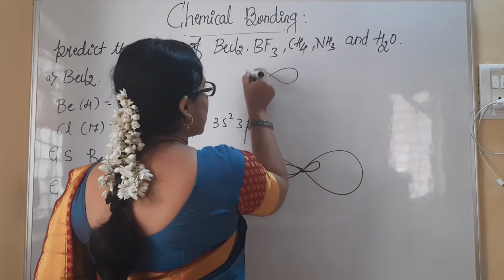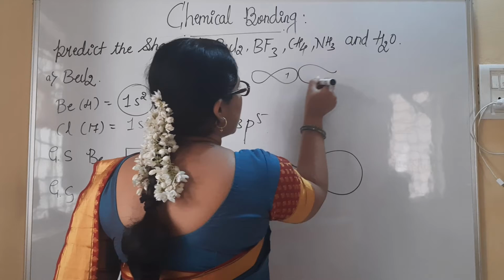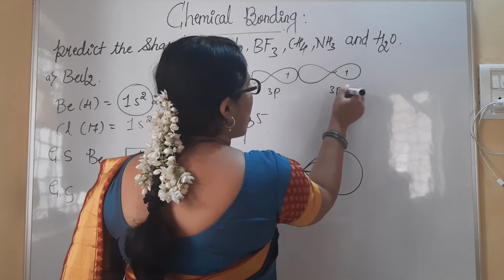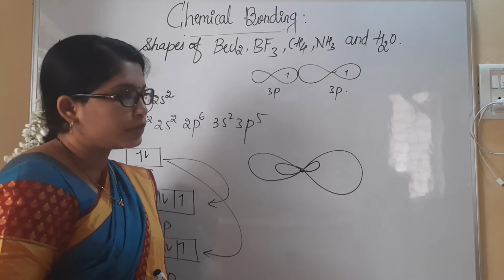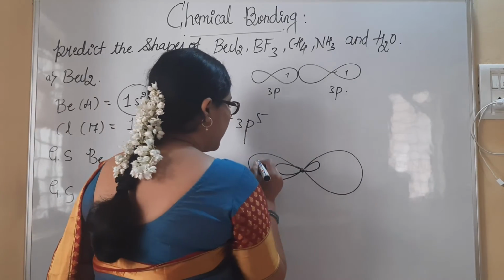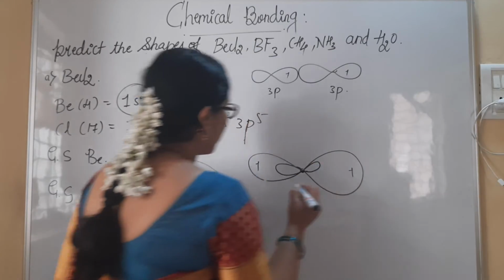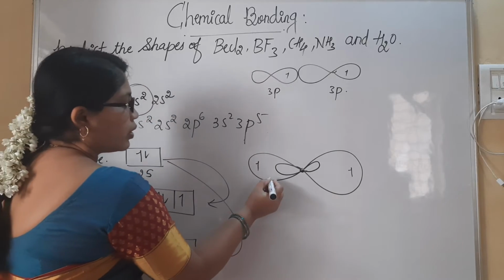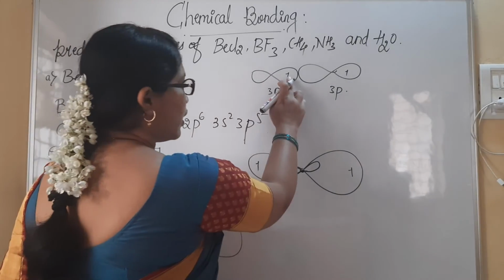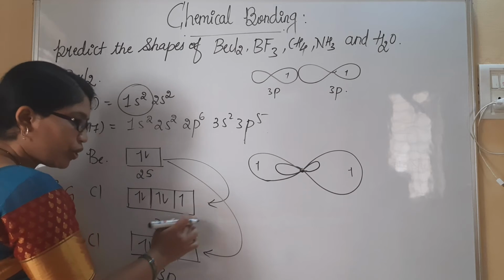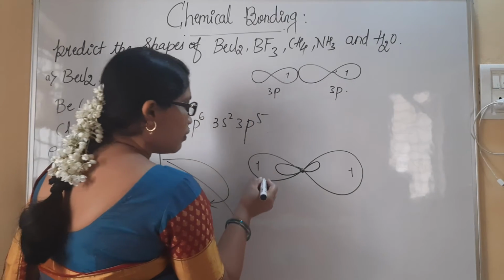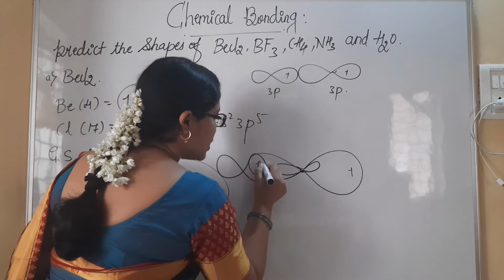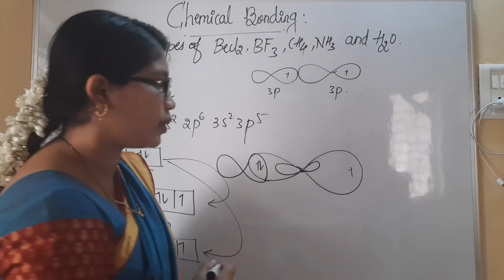They will be like this with 1 electron each. This is the 3p orbital of one chlorine. This is the 3p orbital of another chlorine. Now see here. I will mention those two electrons of beryllium. Beryllium electrons are 2. Now, how does bonding take place? The one electron which is considered the valence electron of p will get combined with this one, and a bond formation takes place.